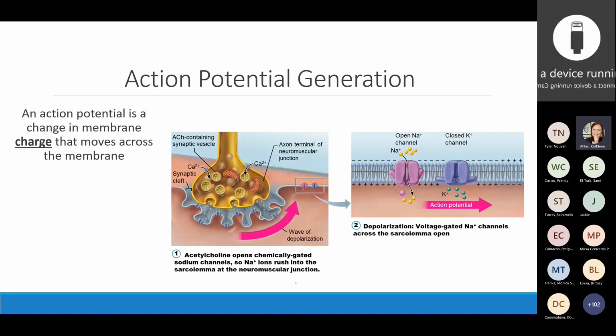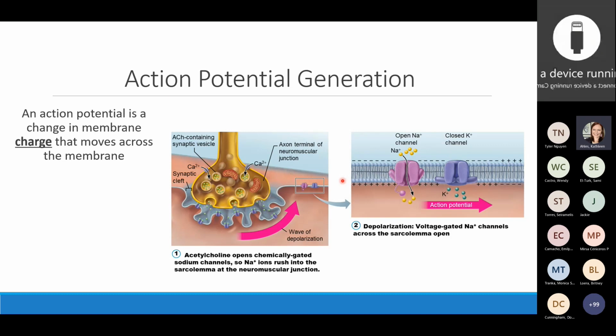So the very last thing that we were talking about as we were like halfway out the door was the idea that when sodium comes inside the cell, it's going to cause the membrane charge to change. And that change happens not just at the neuromuscular junction where the neuron actually talks to the muscle, but also that's going to go all along the surface of a muscle fiber.